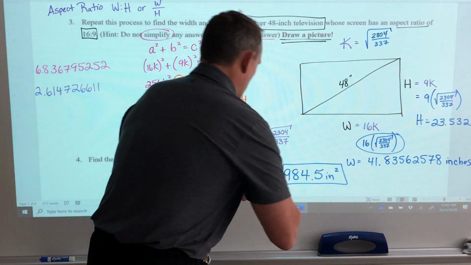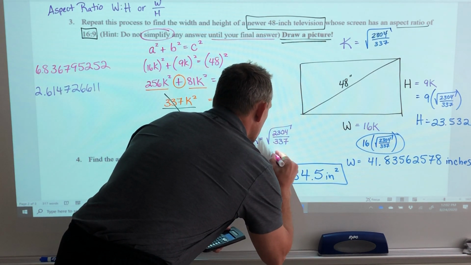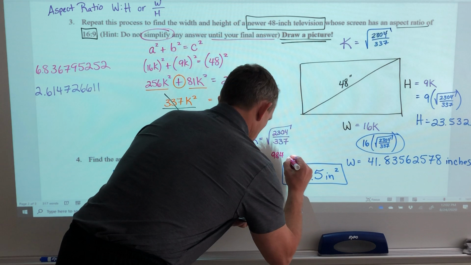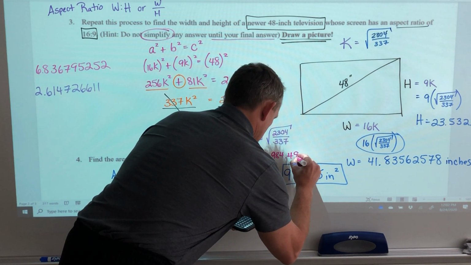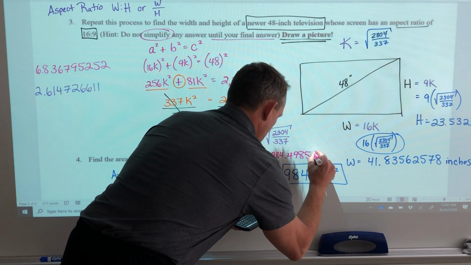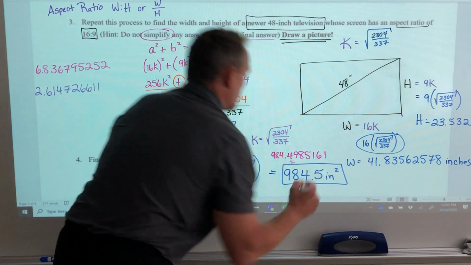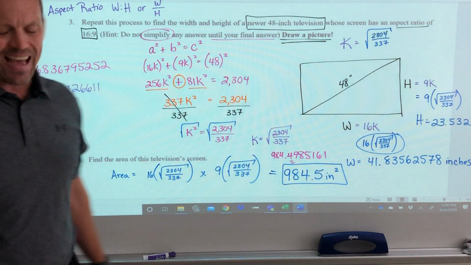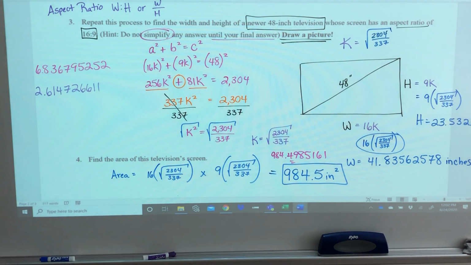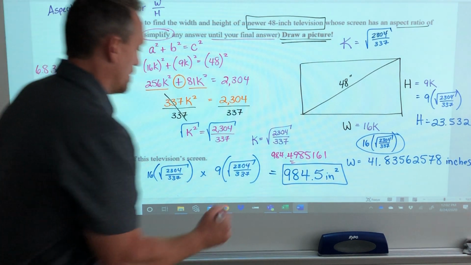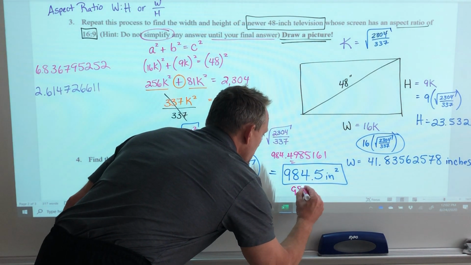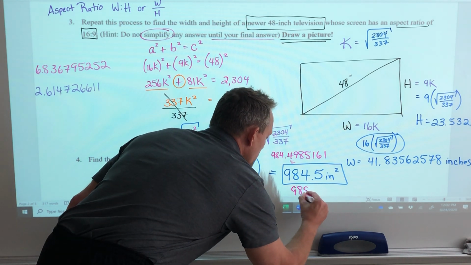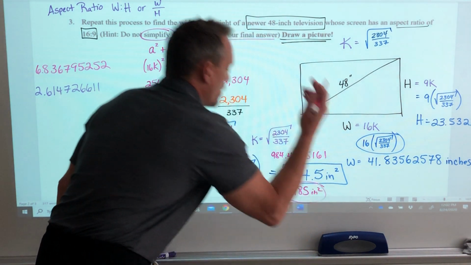The answer would have been 984.4985161. So I rounded up to that 10. So it's 984 or 980. You know, you could do this if it asked you to round as well. Inches squared, somewhere in that range.